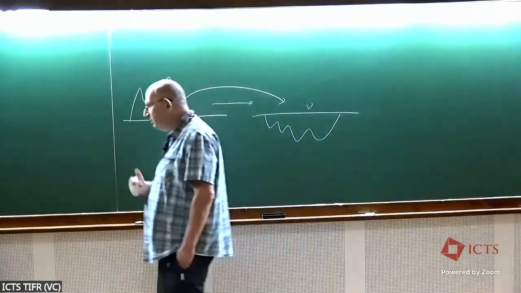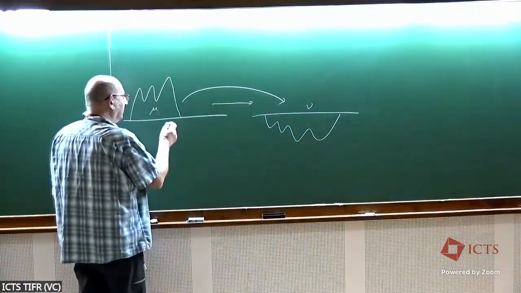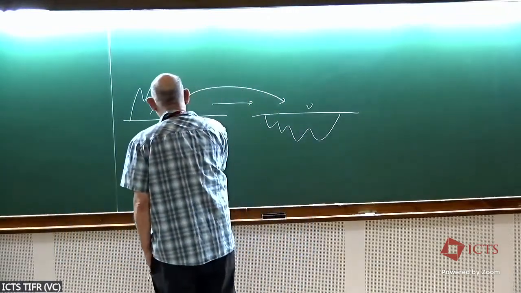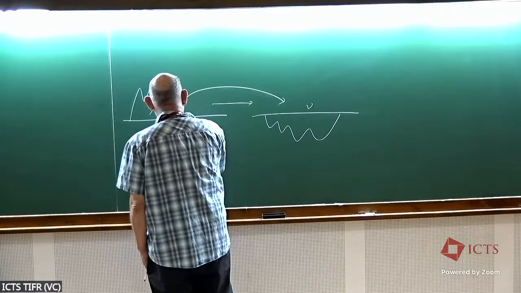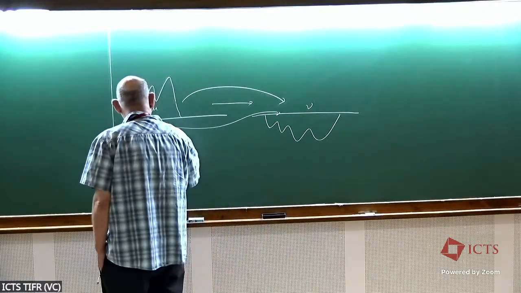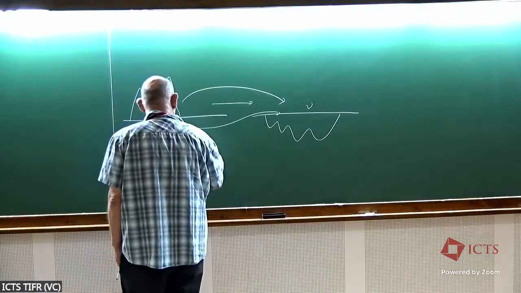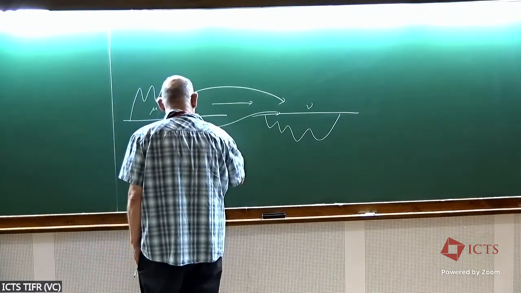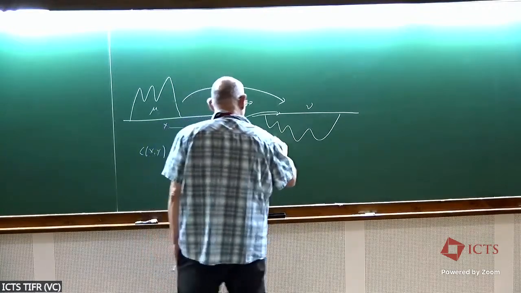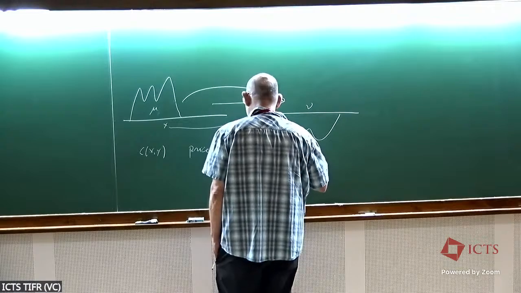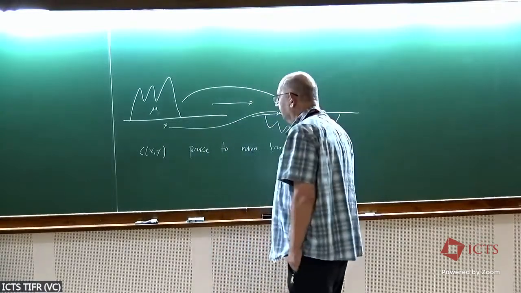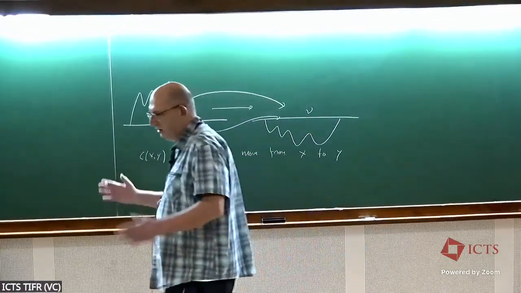And it costs some price to move one unit of mass from point X to point Y. So this is c(x,y), the price to move from X to Y. And in Monge's case, it was just the Euclidean distance.